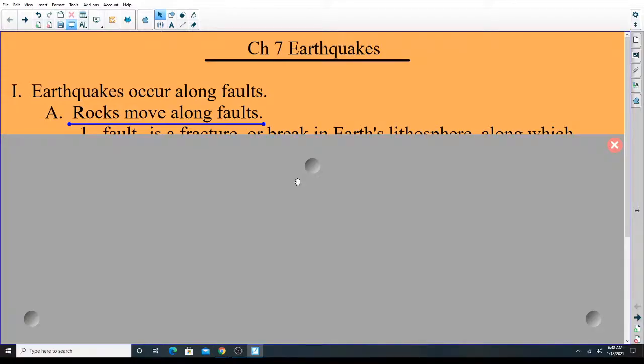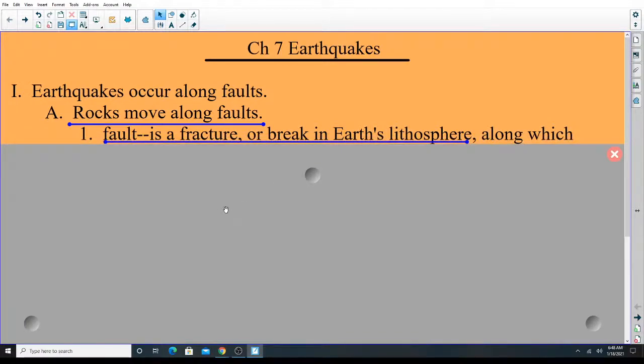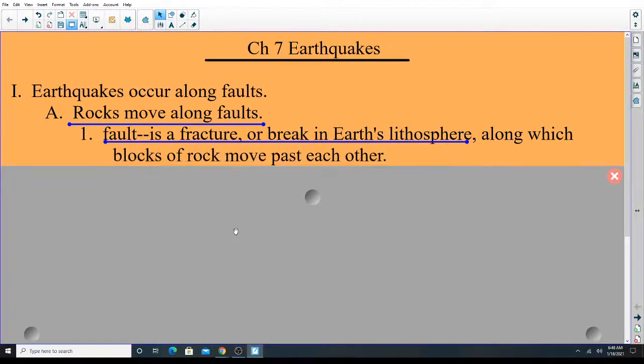sometimes they'll move and sometimes they won't move. Sometimes stress builds up where they are moving, where they're running into each other, where there's a break between them, well, that break is called a fault. A fault is just a crack in the surface of the Earth, in the lithosphere, that hard part, where the rocks are either pulling apart or pushing together or sliding past each other.